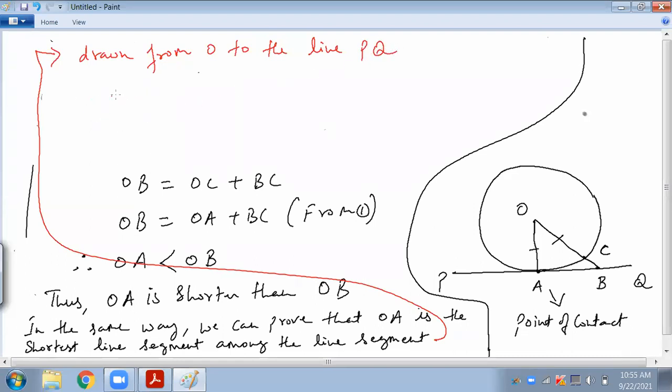So therefore, we can take OA perpendicular to PQ.